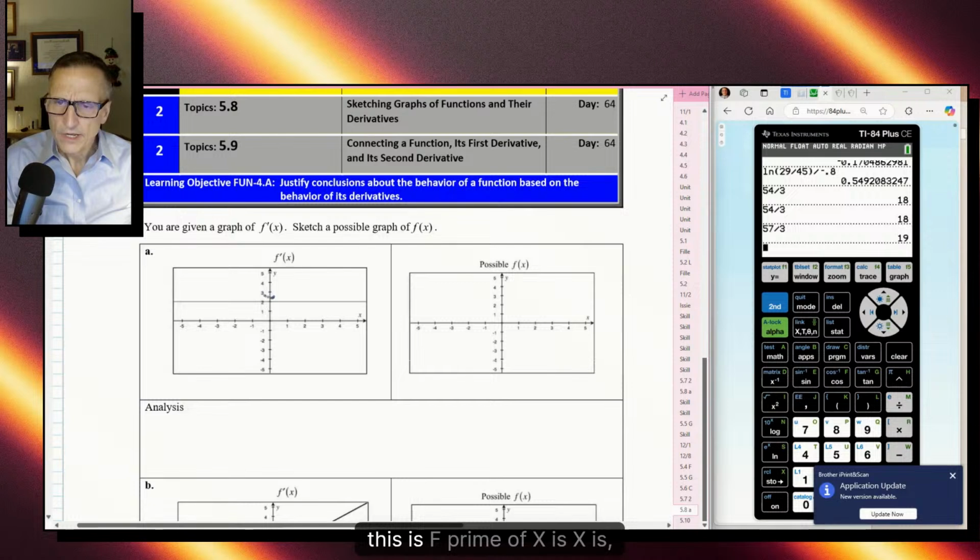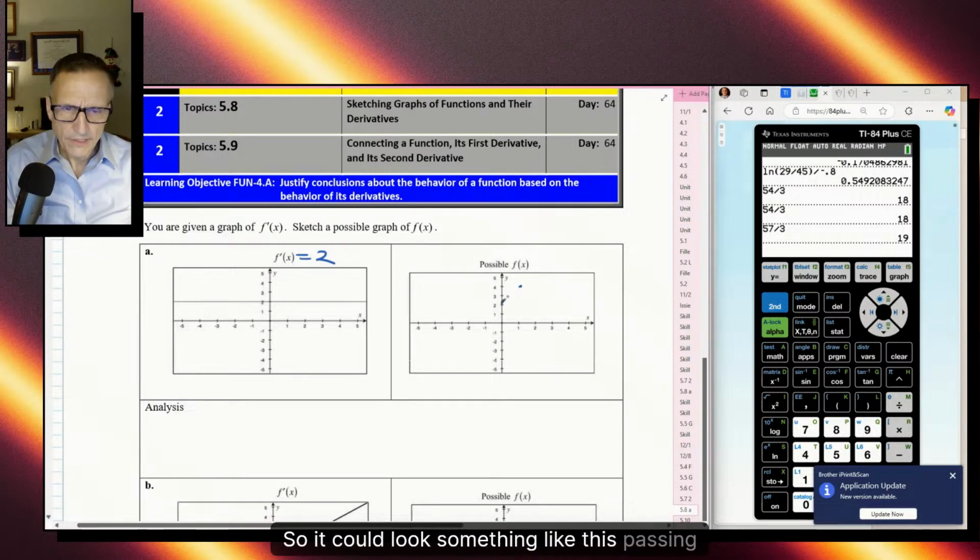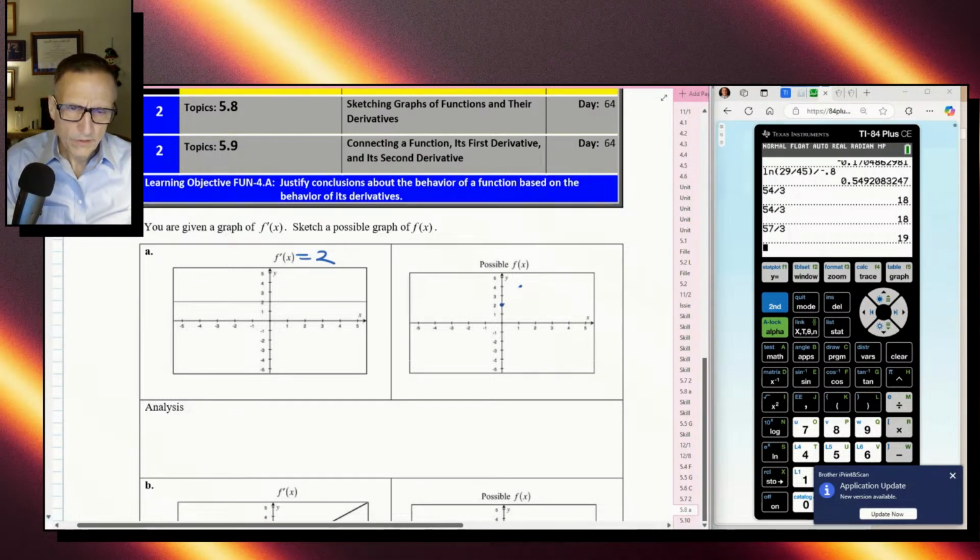Well, look, this is f prime of x, the function equals 2. So what does this mean? This means that this has to be a linear function of slope 2. So it could look something like this, passing through a rise and run of 2/1. So it could look something like that.